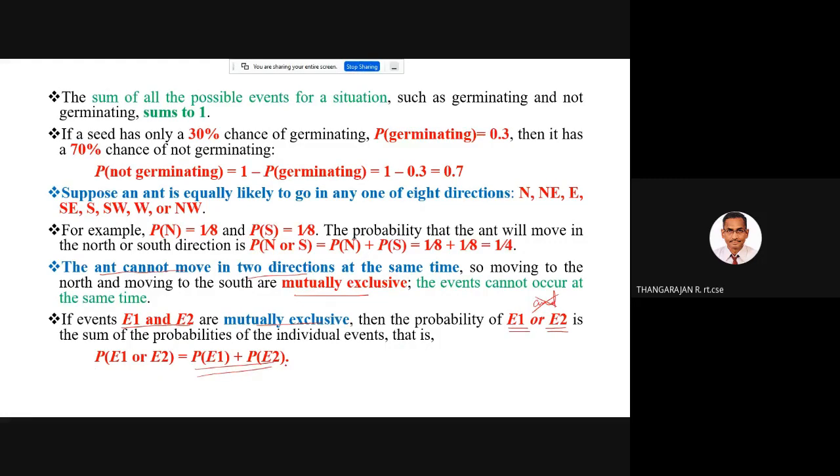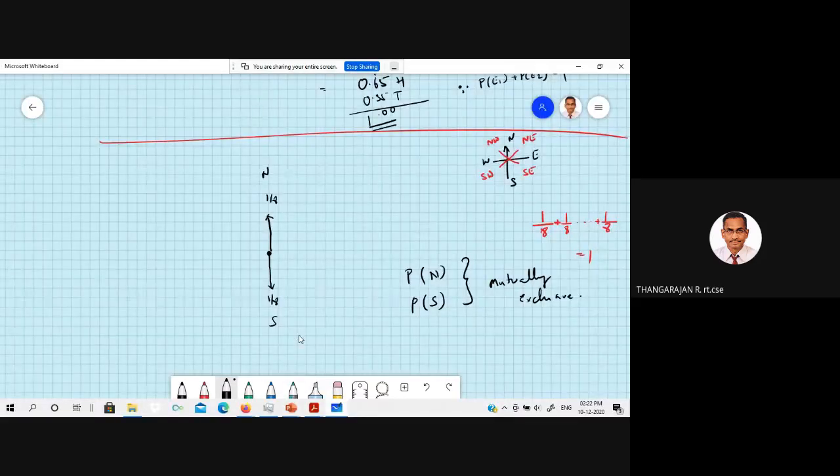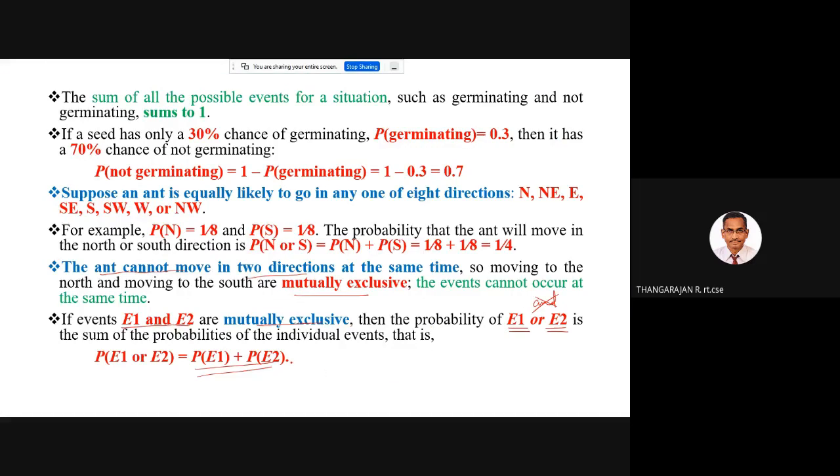What is the probability of an ant moving north or moving south? It is 1 by 8 for north plus another 1 by 8 for south, which is equal to 1 by 4. So the probability of moving either northward or southward is 1 by 4. That is what you have to keep in mind about mutually exclusive events.